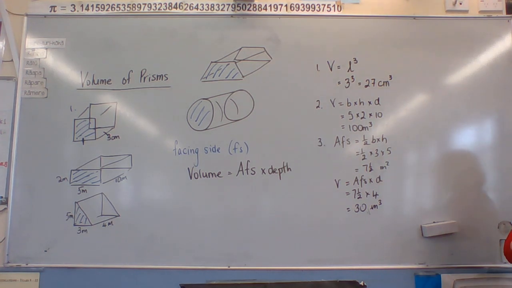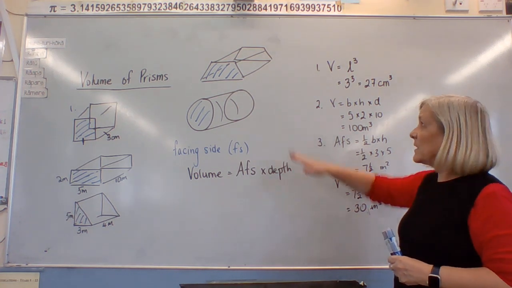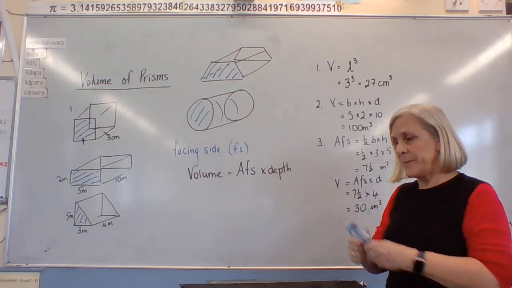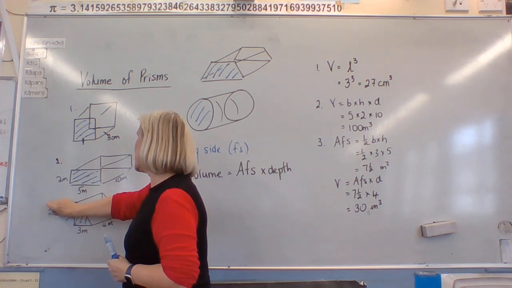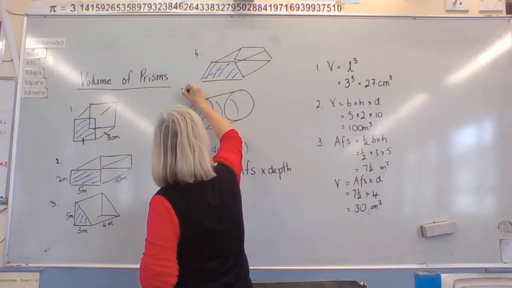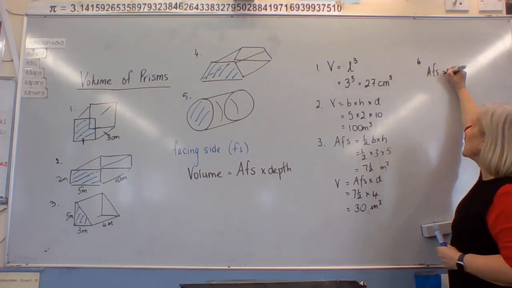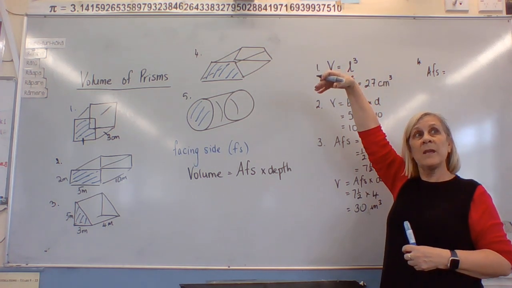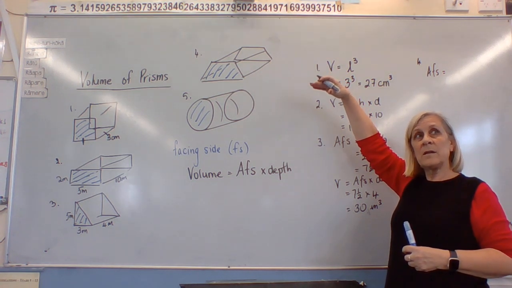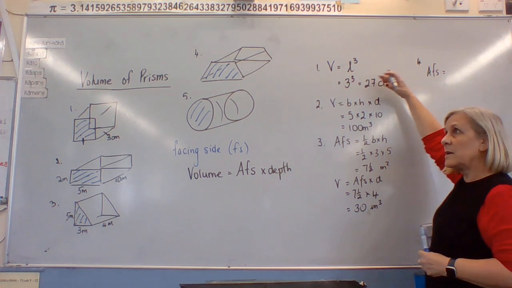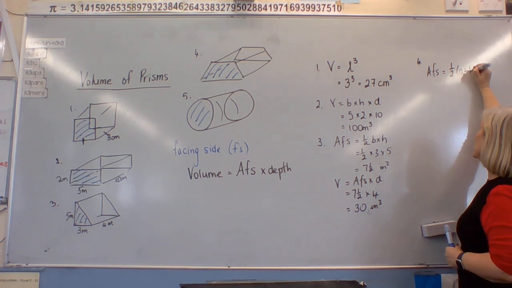All right. So now we move on to the ones that are at curriculum level 5, which count. So these two are good examples of them. And the first one, this one here, so that was 2, this is 3, 4, and 5. So in 4, we're looking at the area of the facing side being a trapezoid. What's the formula for that? Who's got their formula sheet in front of them? Trapezium is good. Good.